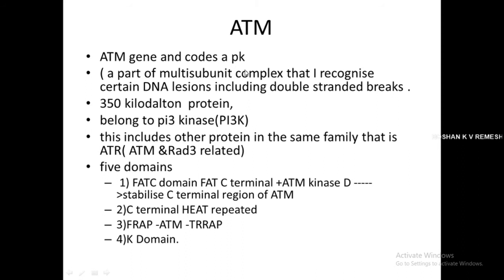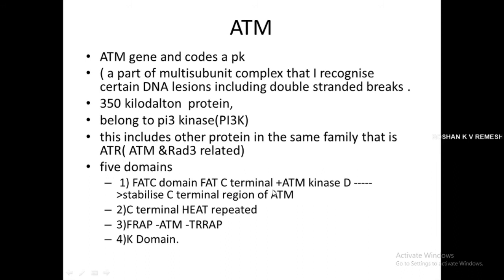And this ATM family sometimes includes other proteins. That is ATR, which is ATM-related along with RAD3. So the RAD3 proteins are related proteins. They join together to form ATR proteins. The ATM may have 5 domains. The first domain is the FAT-C domain, at the C-terminal.